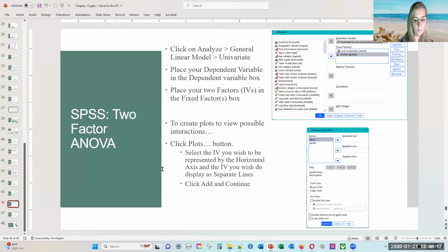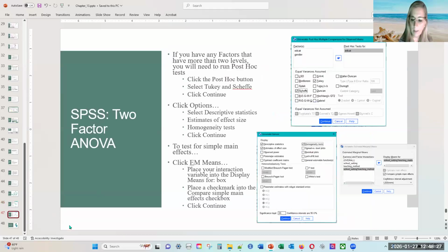I also provided the steps you would take in SPSS in order to calculate a two-factor ANOVA. And this last slide was just a continuation of those steps needed. Not only are there a lot of steps when you calculate it by hand, there's a lot of steps when you do it in SPSS as well.